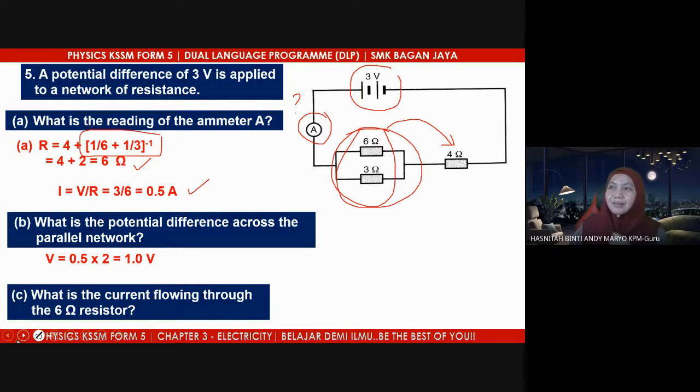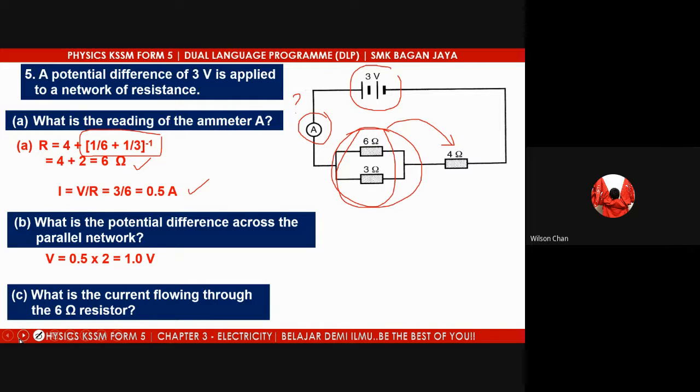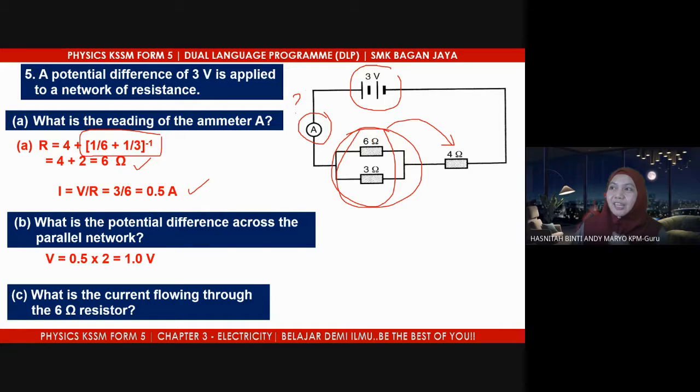Kenapa 1? Kenapa sekarang sini tak boleh 3? Sebab ada ini. Ini sudah kacau. Kalau semuanya parallel, then only you tak perlu kira. Okay, semua 3. Kalau ini tak ada, then here will be 3 volt, this one will be 3 volt. But now since we have combination, so ini bukan lagi 3 volt.